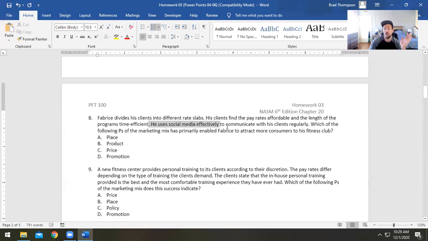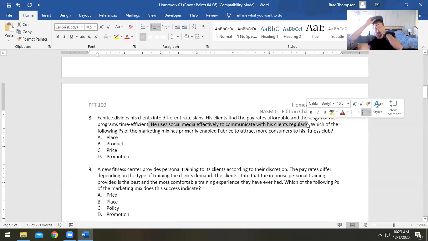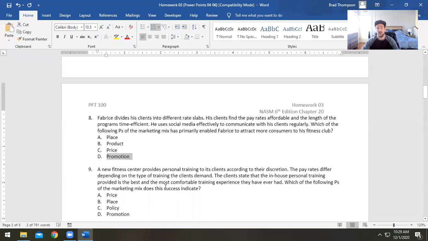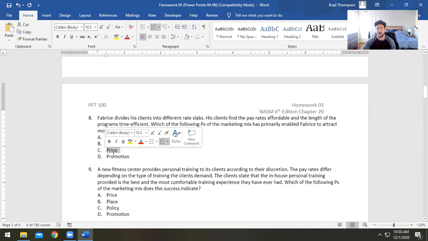He uses social media to communicate with his clients regularly. When people see that, a lot of times they're like, oh, he's promoting with social media. But notice how it says social media with his clients. Those are existing clients, not new clients. So how is he attracting new clients? That's going to be price stuff.